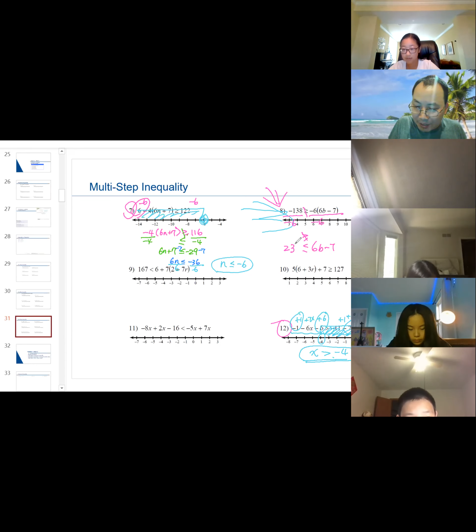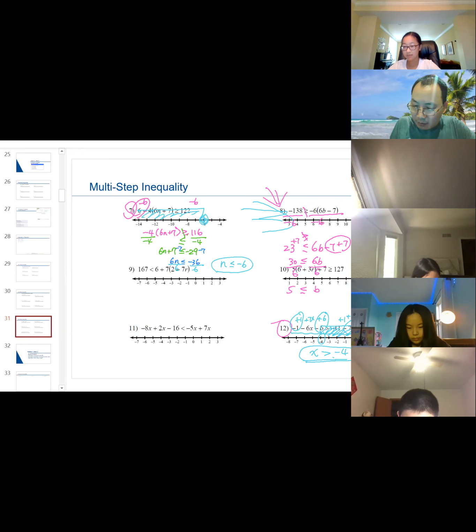Next, add 7 to both sides, so it became 6b greater than or equal to 30, or 30 less than or equal to 6b. What's next? Divide both sides by 6. This time you don't need to change the alligator mouth, so it still stays less than or equal.